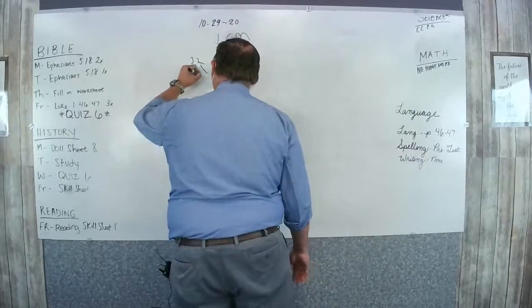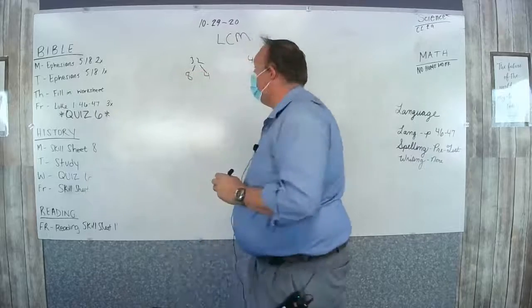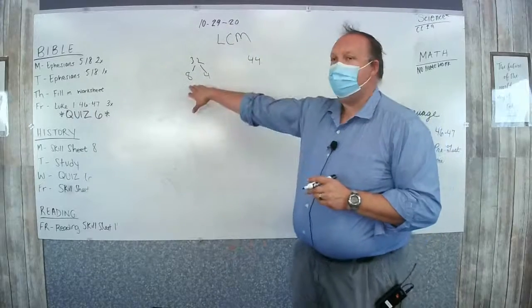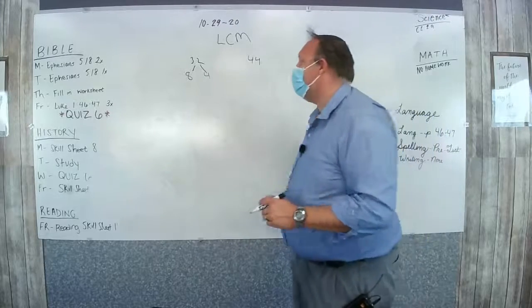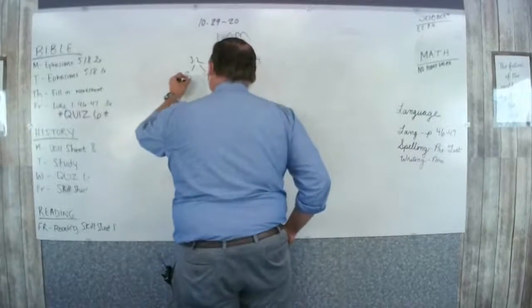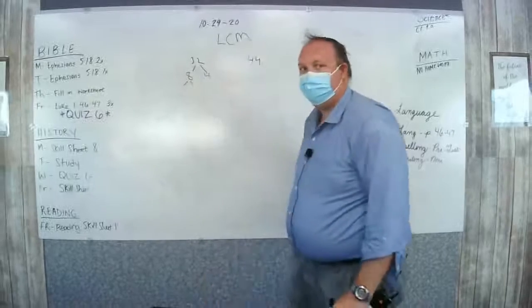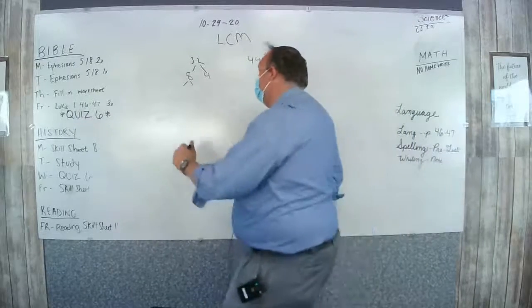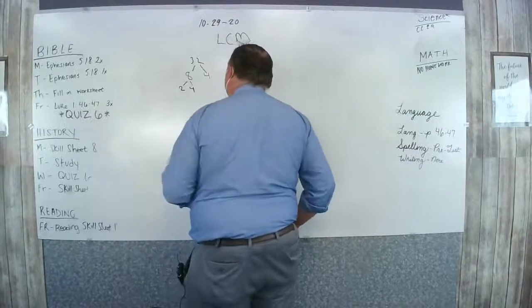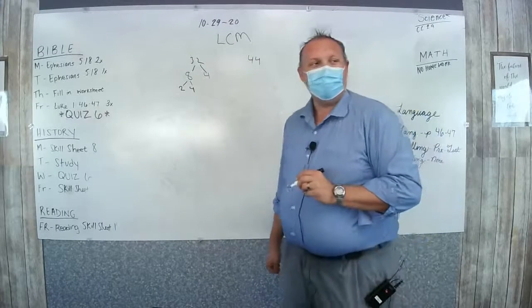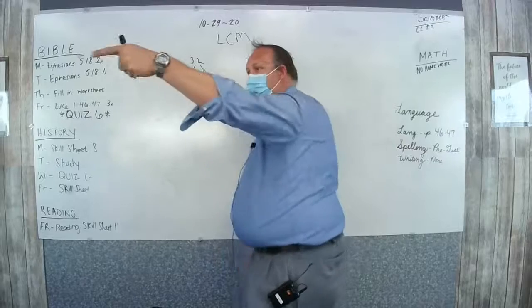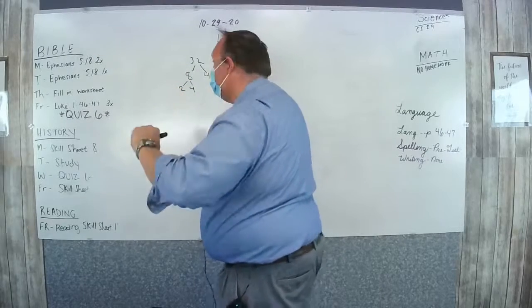Okay? Is 8 a prime number? Is 4 a prime number? No. Okay, let's do 8 first. What are we going to break 8 into? 2 and 4. Okay. Is 4 a prime number? What are we going to break that into? 2 and 2.